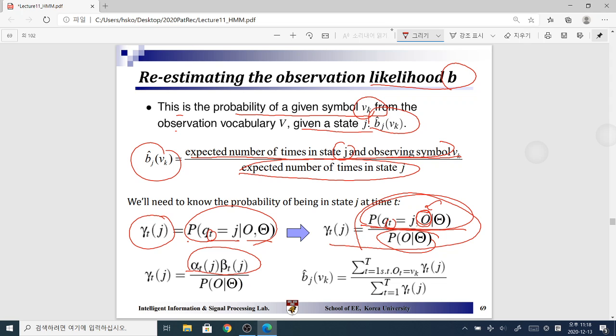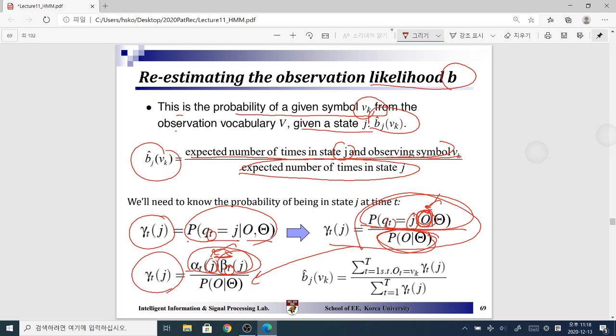That is alpha sub t of j times beta sub t of j, which takes care of both the partial observation from 1 to t, as well as the partial tail-end observation sequence. Together they make up the entire observation sequence, and together being at state j at time t, and the denominator is still the probability of the observation sequence.